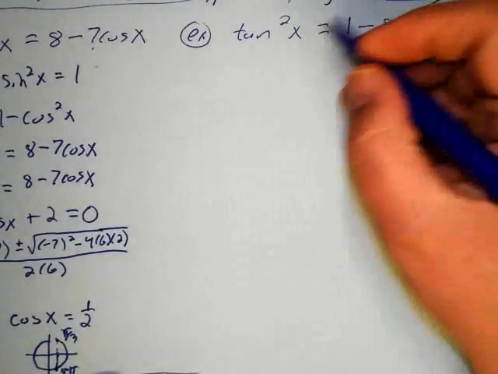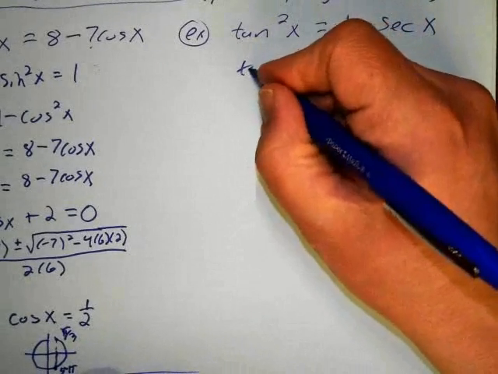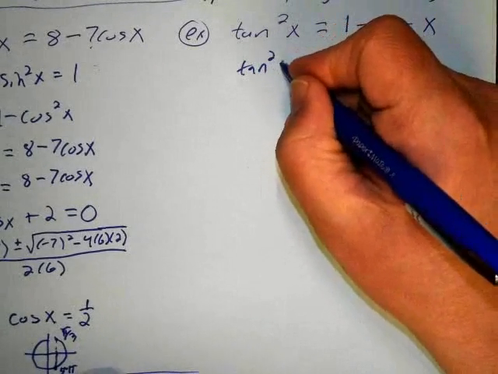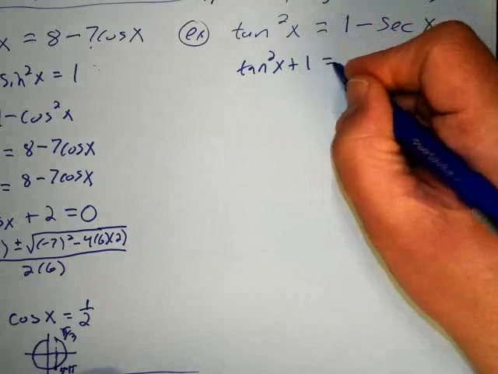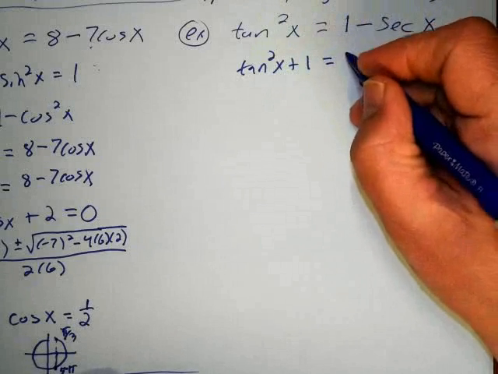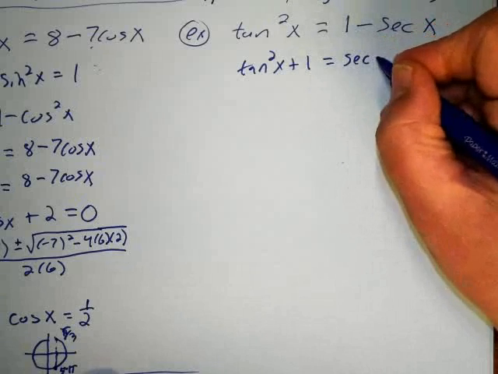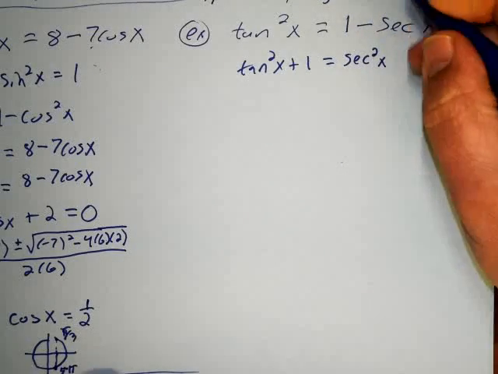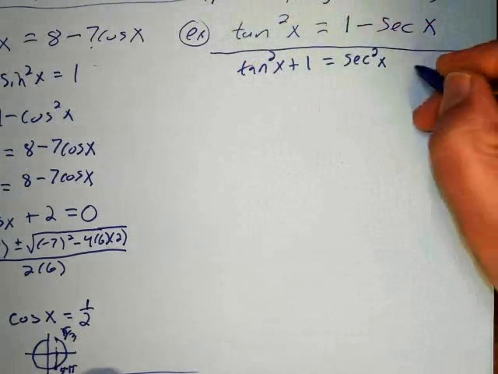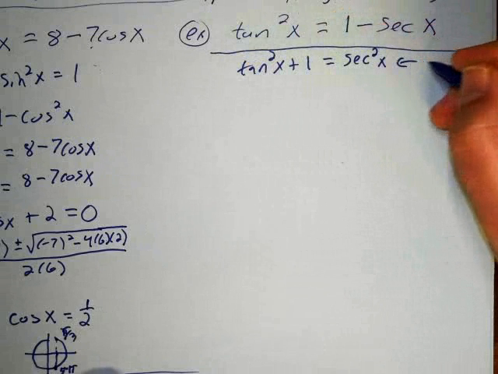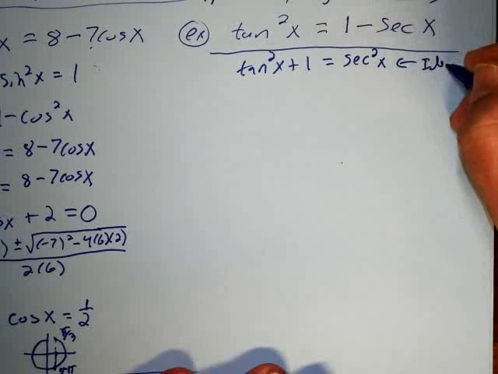So if you remember, the identity here is that tangent squared x plus 1 is equal to secant squared x. So I'm going to put a line here and just say, in case you go back and look at this, this is the identity.